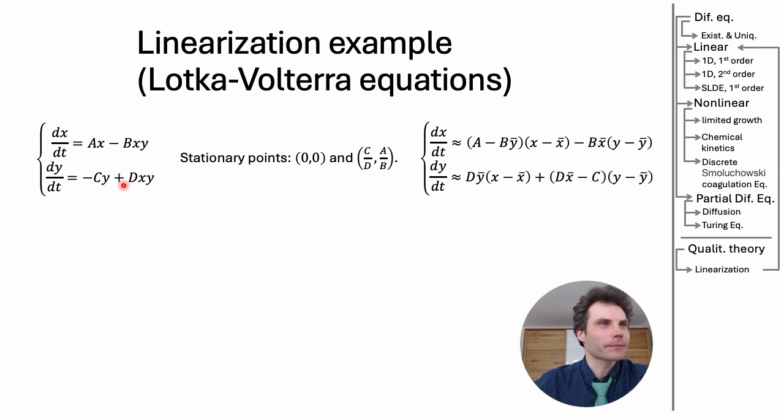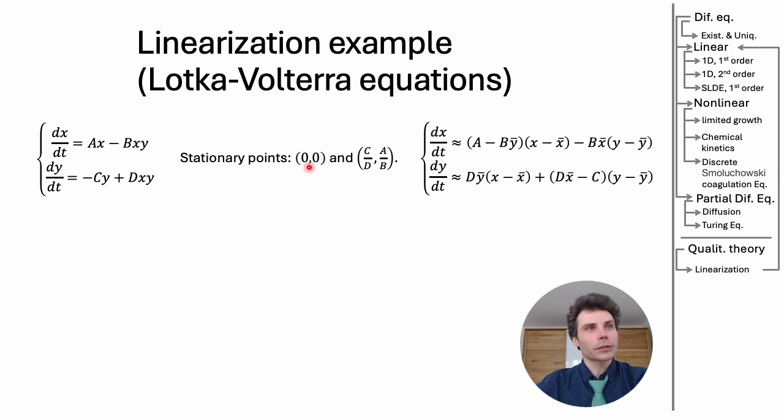It starts growing. Good. So we have two stationary solutions. We can infer them by solving the equations a times x minus b times xy equals 0 and negative c times y plus d times x times y equals 0.